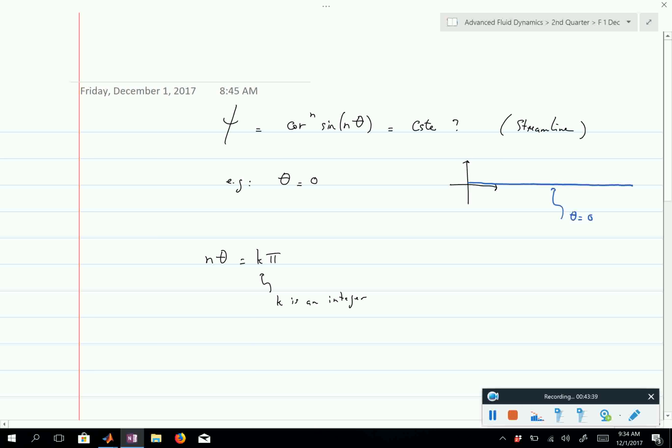Do you all agree? Is that clear? So any of these will be streamlines. Now we'll finish that when we come back after our break.